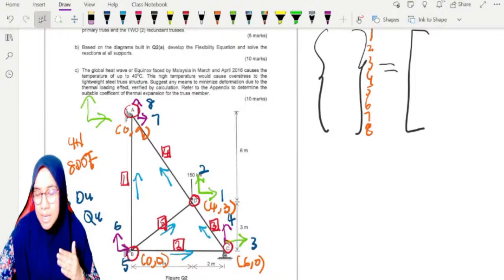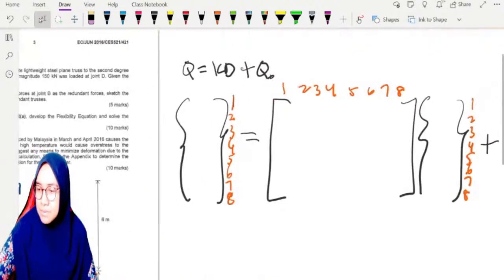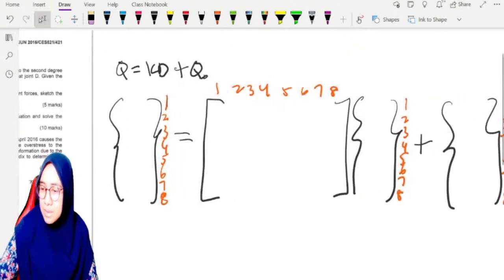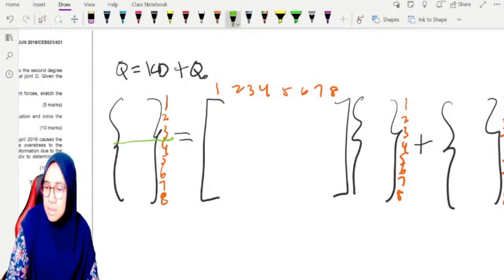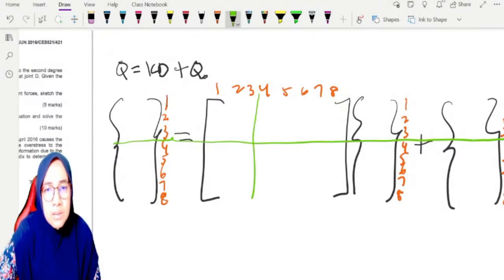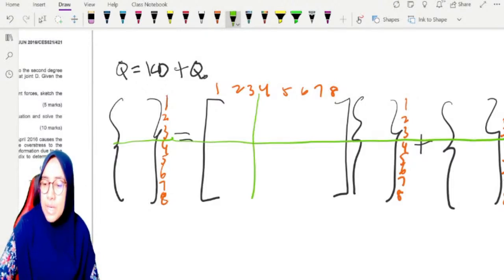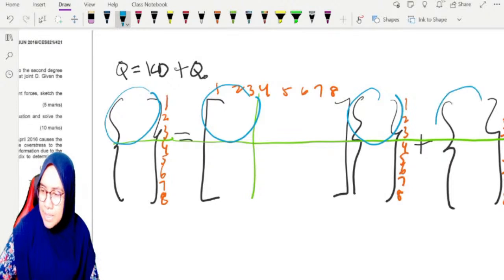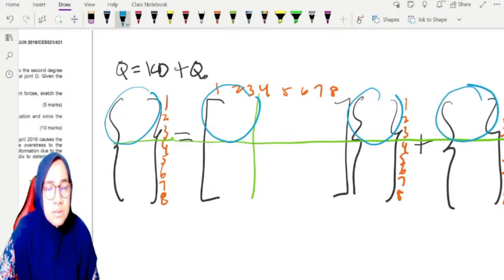The boundary is after 3, which means we need only these entries in order to calculate the unknown displacements.